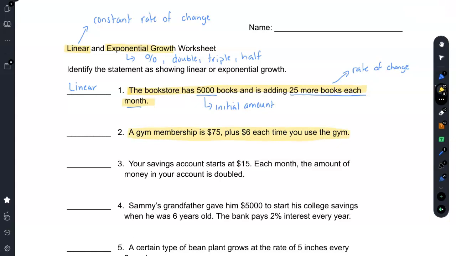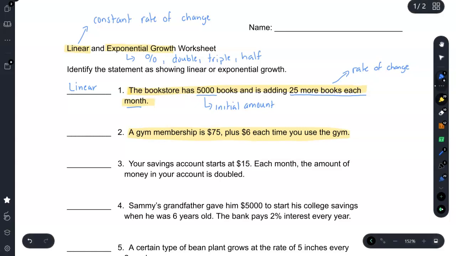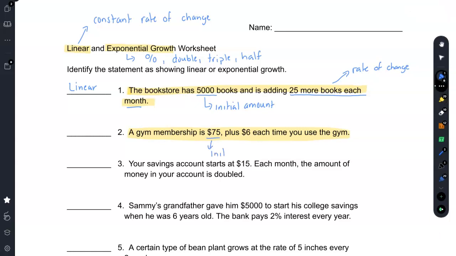So I have a gym membership is $75 plus $6 each time you use the gym. So once again, the $75 is my initial amount. It does not help me solve anything, and the initial amount might not even be given. But if it is given, it doesn't matter what it is. But then I have $6 each time you use the gym.